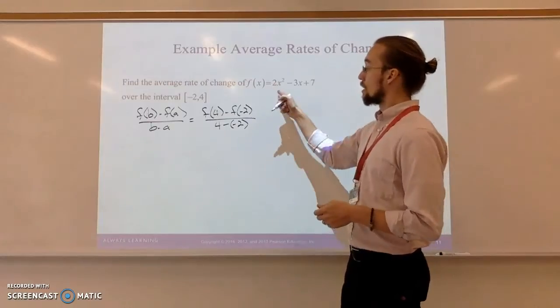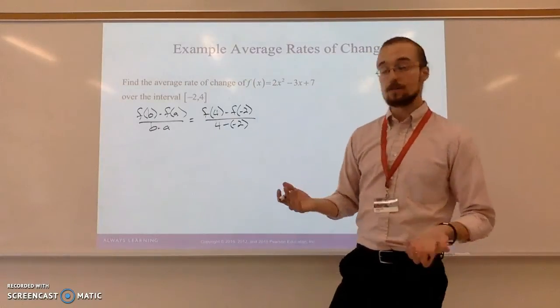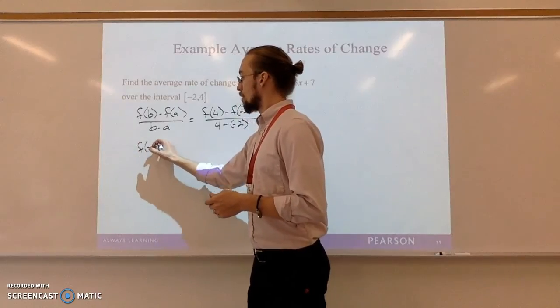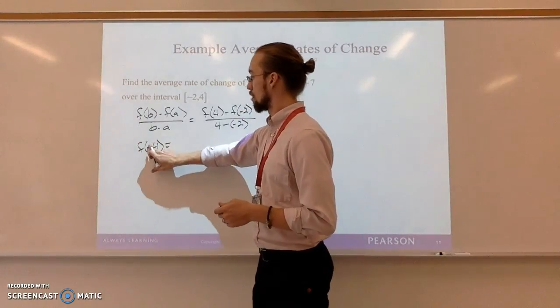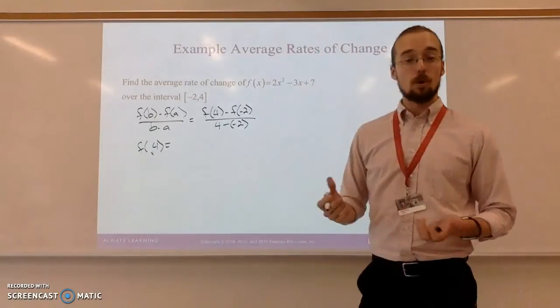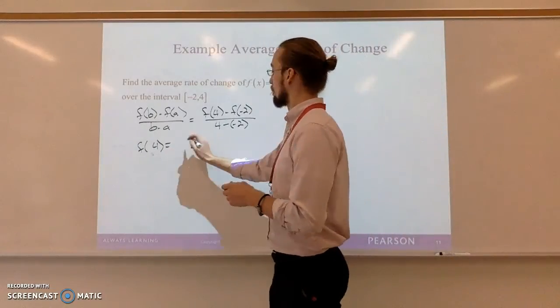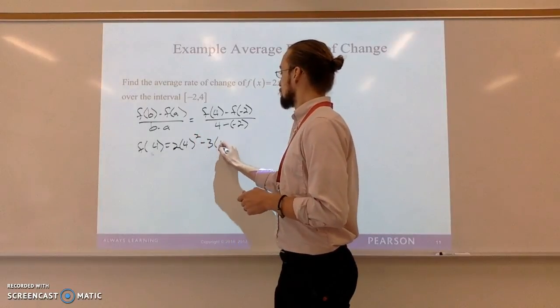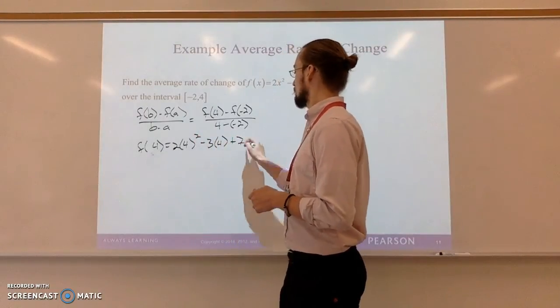I can find f of 4 and f of negative 2 in this function. If I plug in 4, we get 2 times 4 squared minus 3 times 4 plus 7.